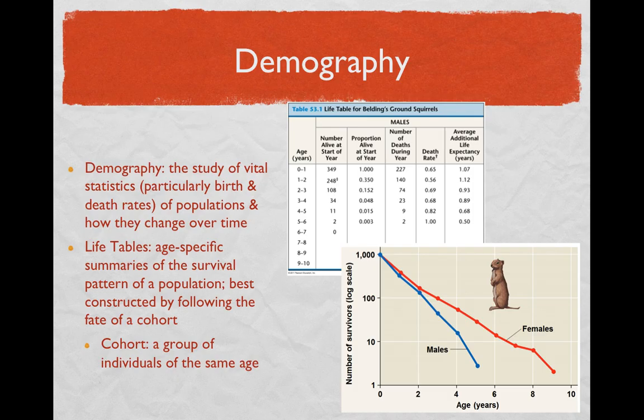And they get constructed by following a cohort. And all we mean by a cohort is it's the group of individuals that are born at the same time, and so we kind of track them. So your grade, whether it's junior, senior, whatever, your group of individuals that are in your class with you, your graduating class, your cohort.